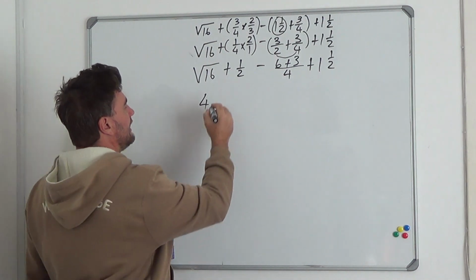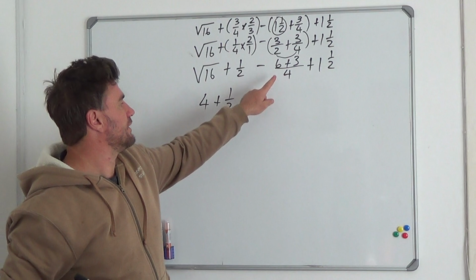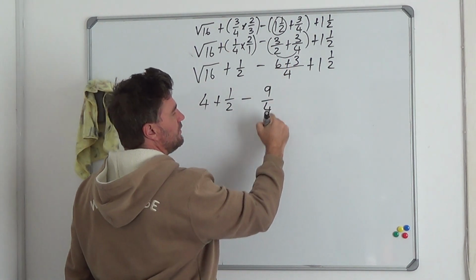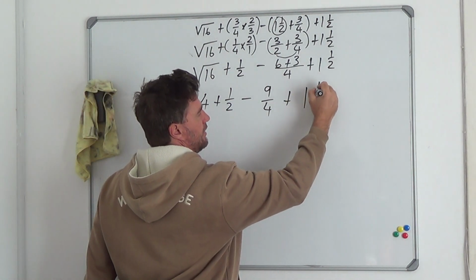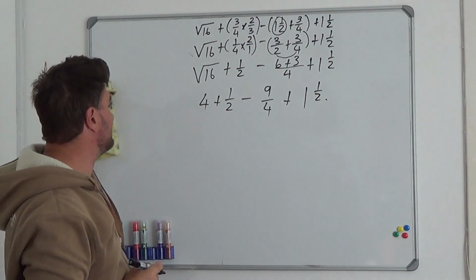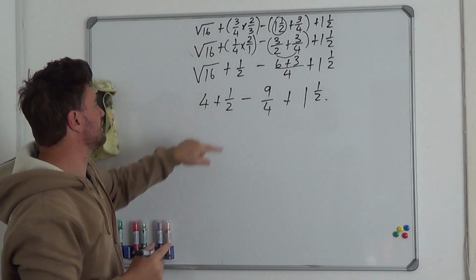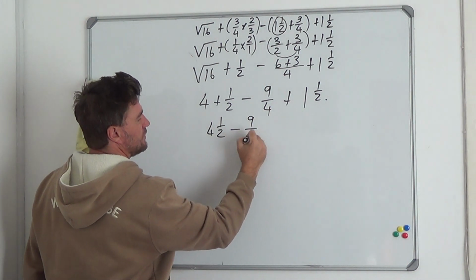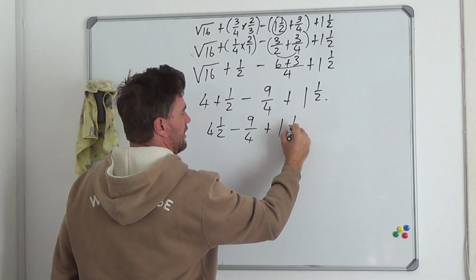Then I can say plus a half minus, what is this going to be? 6 plus 3 is going to be 9 over 4. And then we can add in our 1 and a half. So that's what our new equation looks like. Fairly straightforward now. We can say 4 plus a half is 4 and a half, minus 9 over 4, plus 1 and a half.